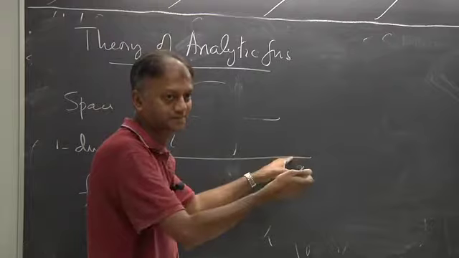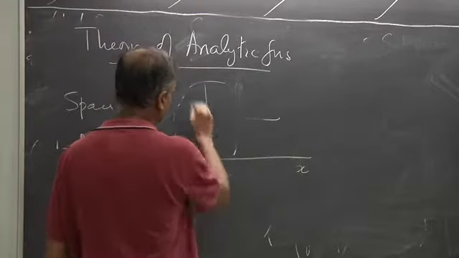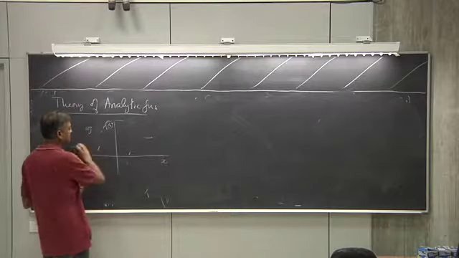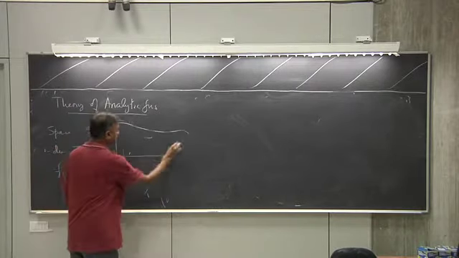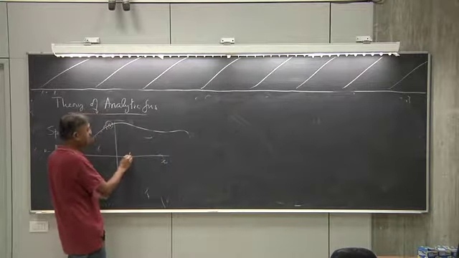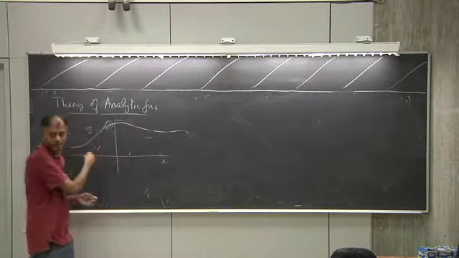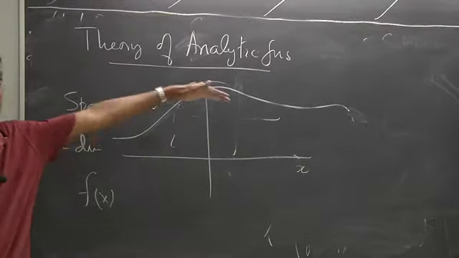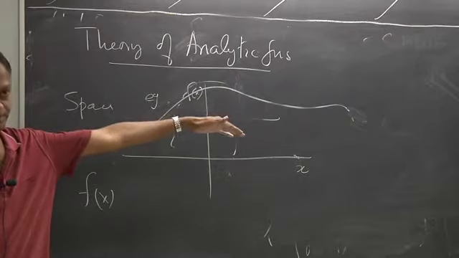It's some number, and in fact I can plot it because it's only a one-dimensional problem. It will say that at this point the function has this value, at this point the function has this value, and so on. So it's a map from the space to real or complex numbers.